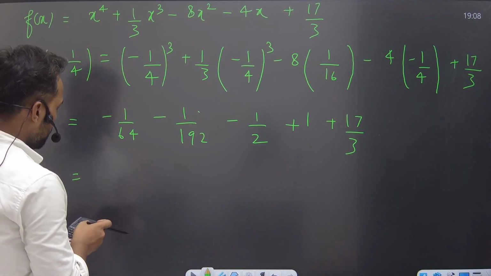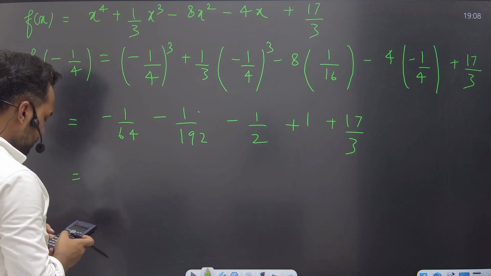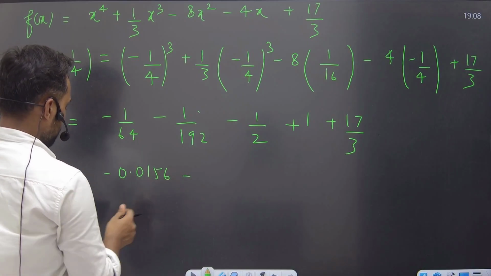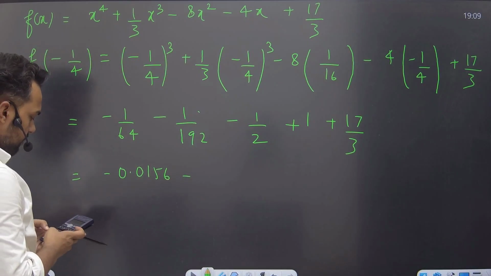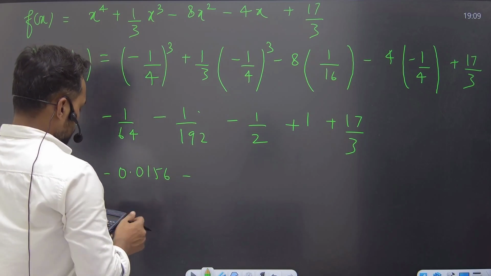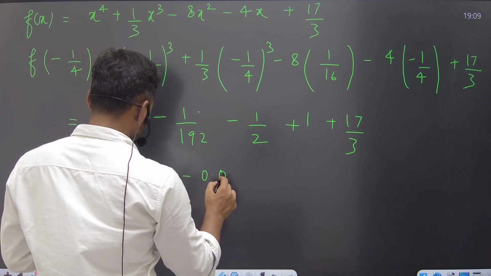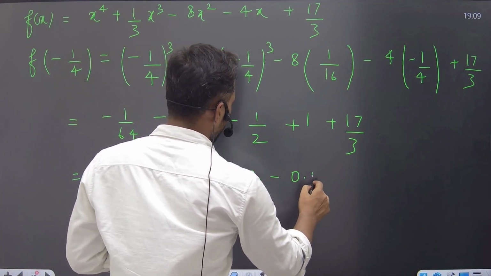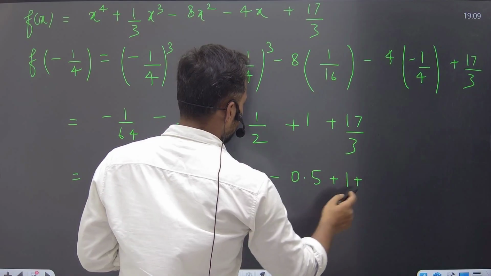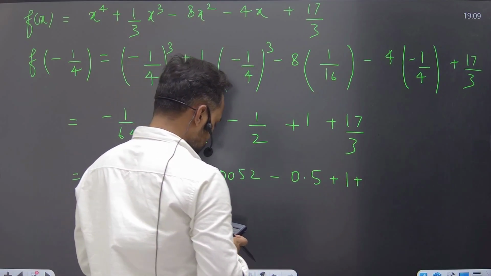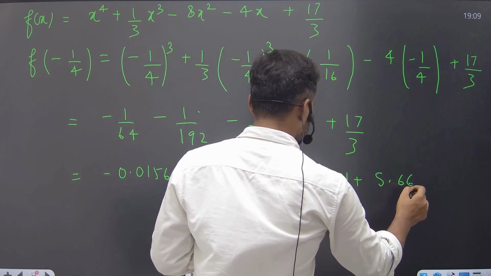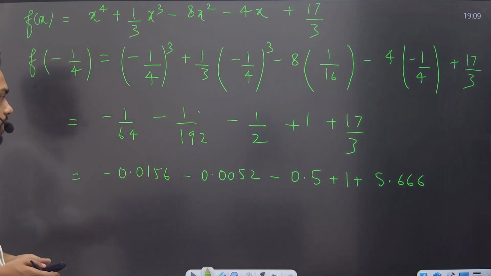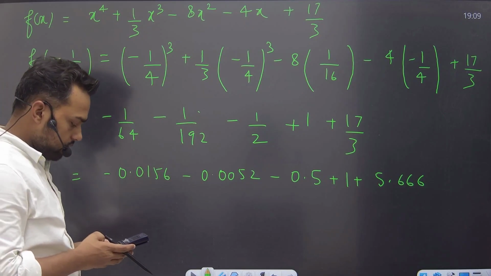So just need to write the points, student. I'll be writing it. So this is how you will get negative 0.0156, negative 1 by 192. If you want to take the LCM, this is also correct. 0.0052, that is equals to negative 0.5 plus 1 plus 17 by 3 will be equals to 5.666. Okay, if you want to take the LCM in this fractional part, you can go ahead with that as well.